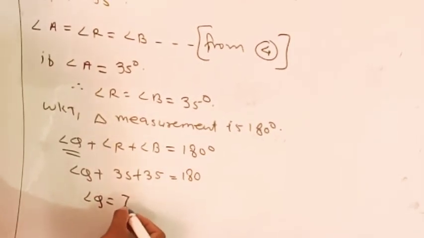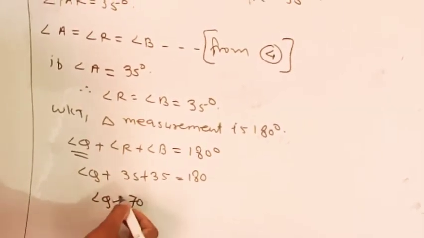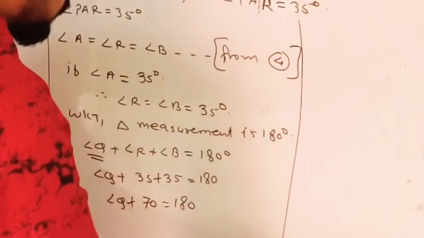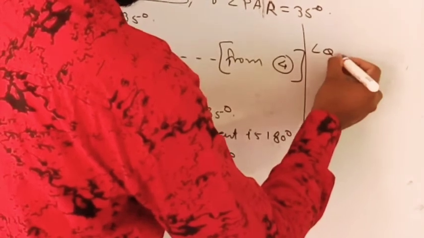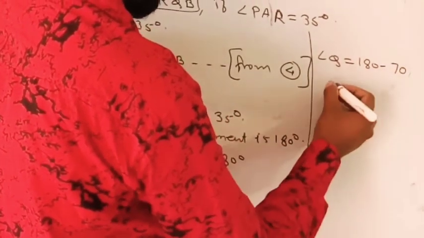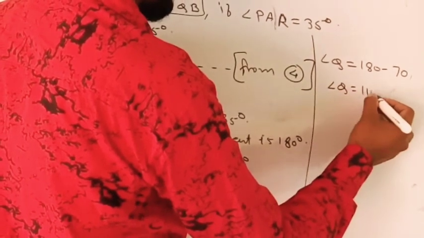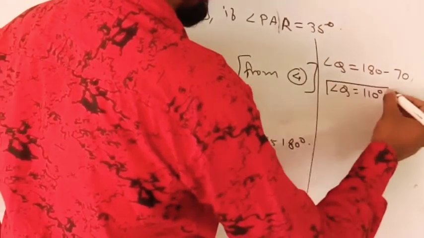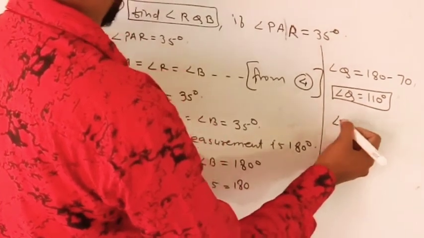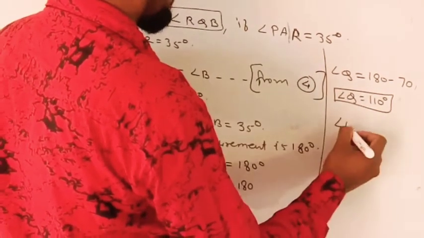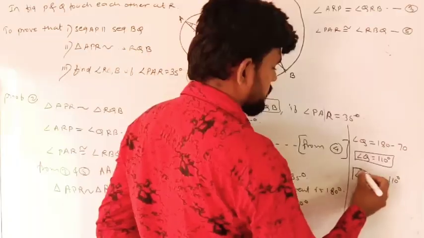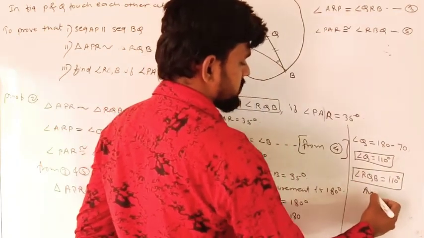Q plus 70 is equal to 180. Now angle Q is equal to 180 minus 70, so angle Q is equal to 110 degrees. In full form, angle RQB is equal to 110 degrees. This is our answer.